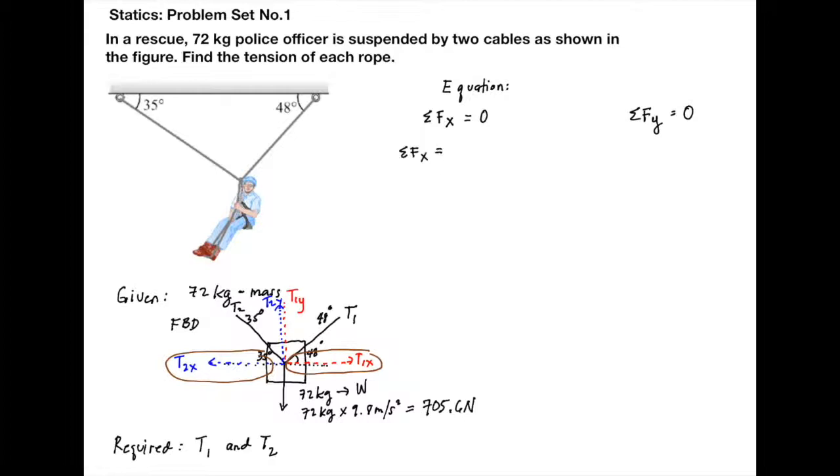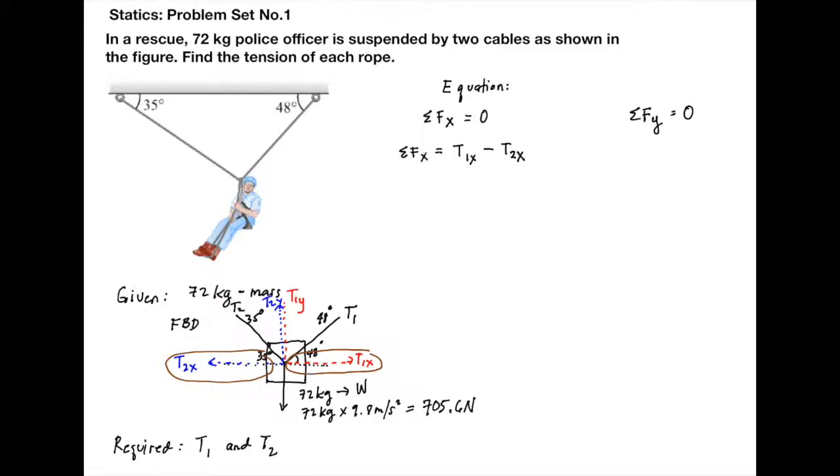We could take note that T1X is pointing on the right side, so that would be positive. And then the T2X is negative since it is pointing out to the left side, so we have minus T2 sub x.